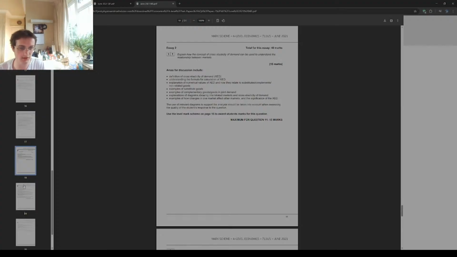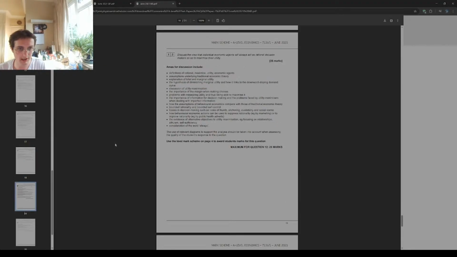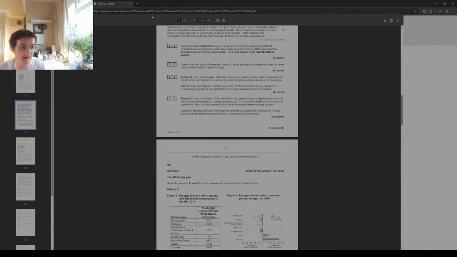Rational, maximize utility, economic agents, I could use this here. I could use indirect subsidy diagrams as nudges. So I could have actually just used the same diagrams for that entire paper.